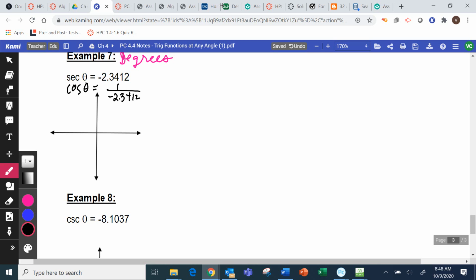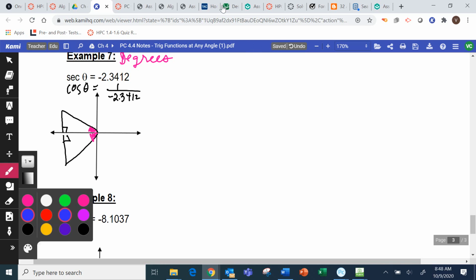Okay. So where is cosine or secant negative? Left, 2 and 3. Their reference angles are going to be the same. So how do I type it in my calculator?